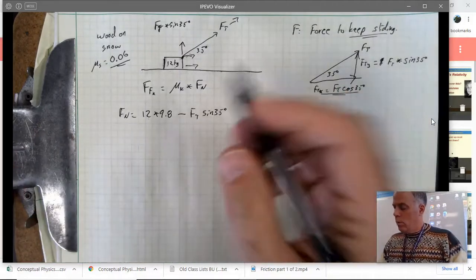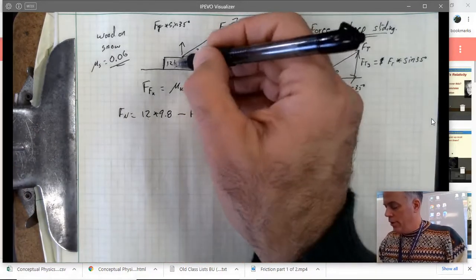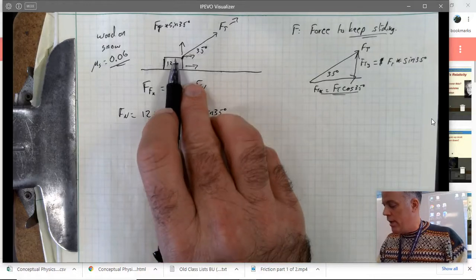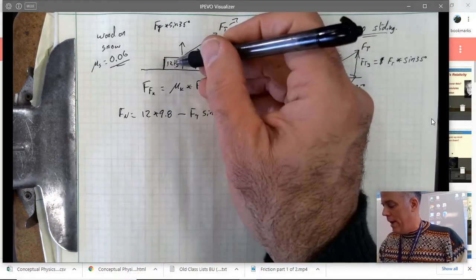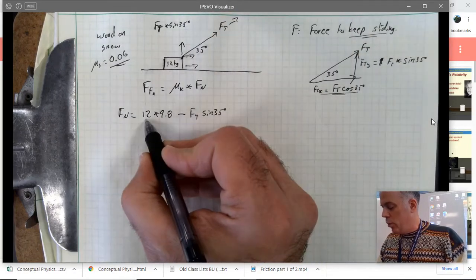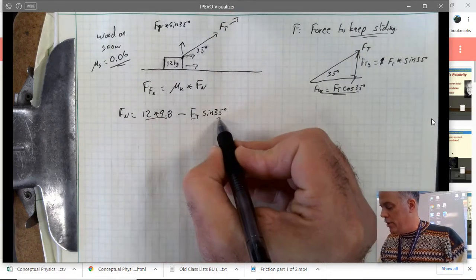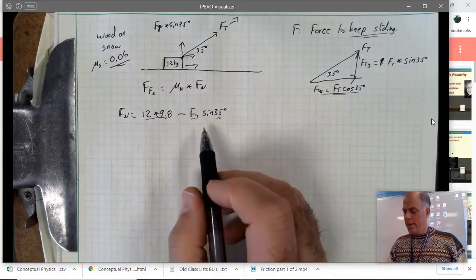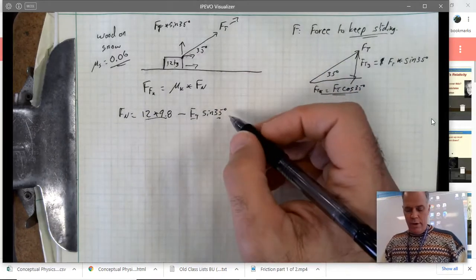Okay? What am I saying here? The normal force, that's the force of the snow pushing up on the block, is equal to the weight of the block, but the block is being lifted up a little bit. So this is the weight of the block, and this is how much it's being lifted up. Okay, Ft sine 35.